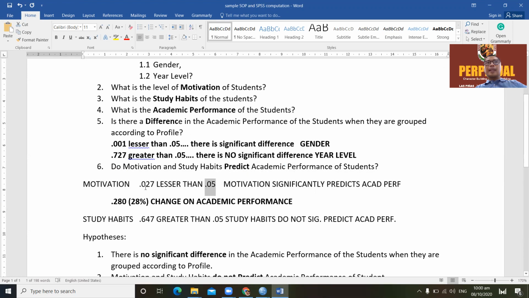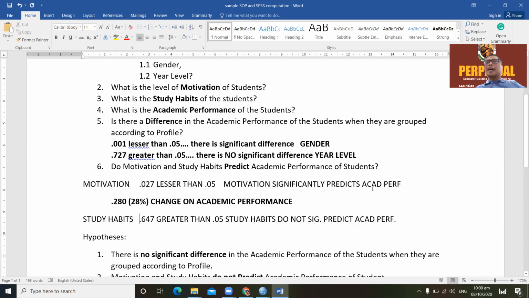Furthermore, it could predict 28% change on the academic performance. On the other hand, study habits does not predict academic performance, because the value of 0.647 is greater than 0.05.